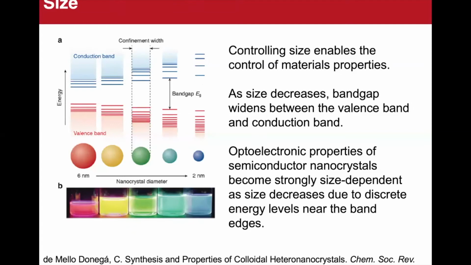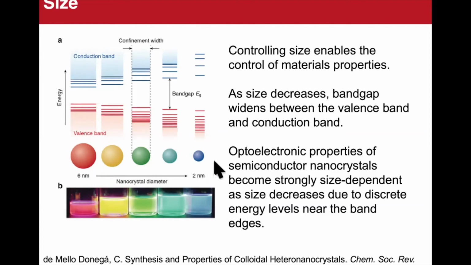So what happens when the size becomes smaller, right? At first, your particle after nucleation will not be very big, so the diameter will be smaller. The second portion of the lecture video will talk more in depth about optical spectroscopy and also particle in a box theory on how to handle the calculations of these band gaps. But this lecture will focus more on the synthesis and the control of the size.